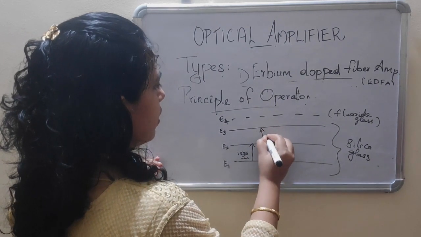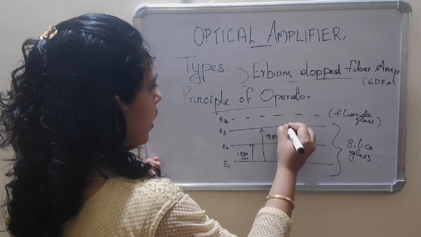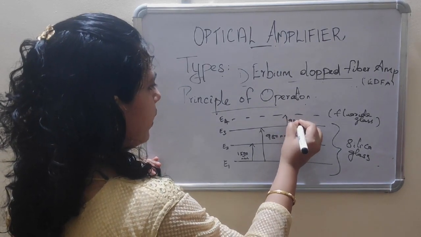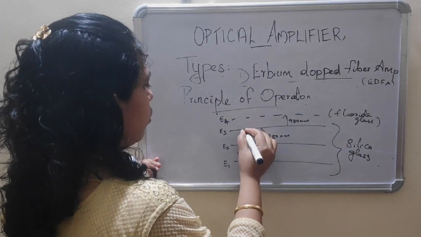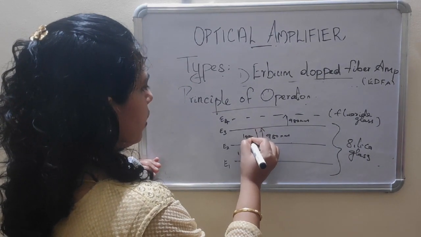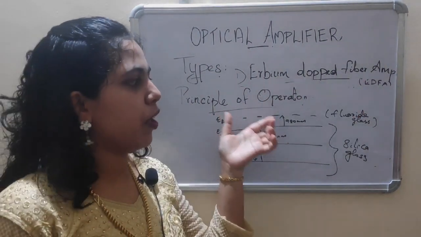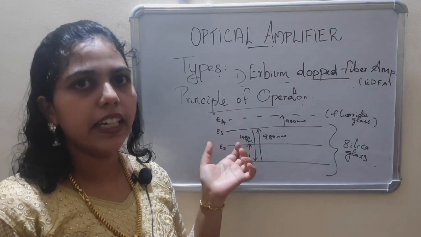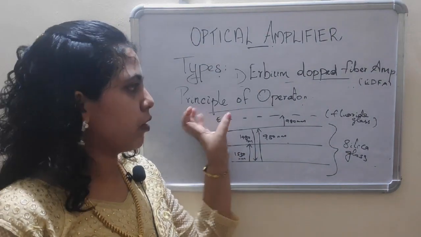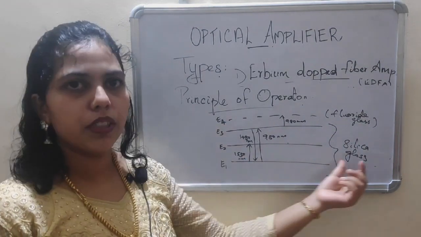E1 to E3 has the range 980 nanometer. And E3 to E4 also 980 nanometer, and E3 to E1 has the range of 1480 nanometer. These are the principle of operation of EDFA.